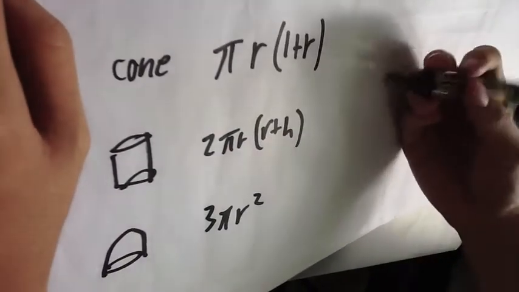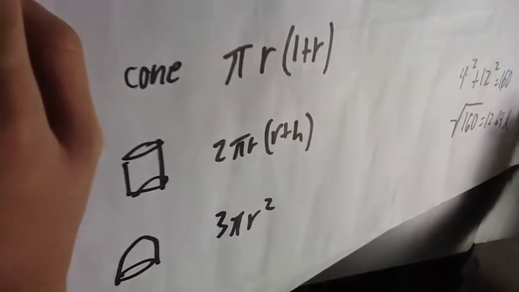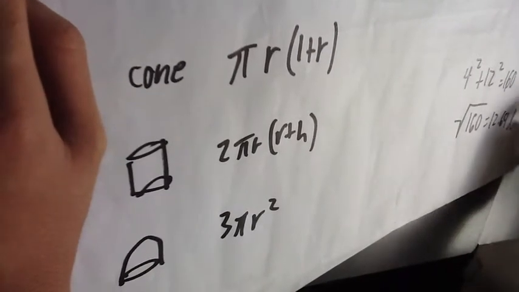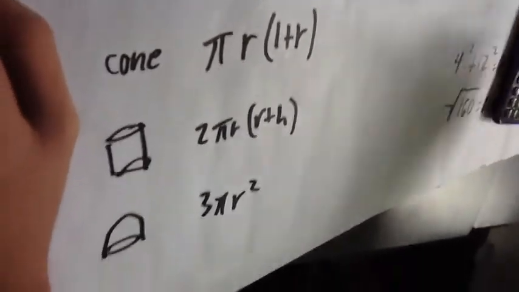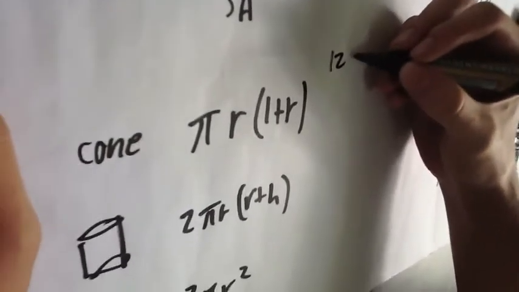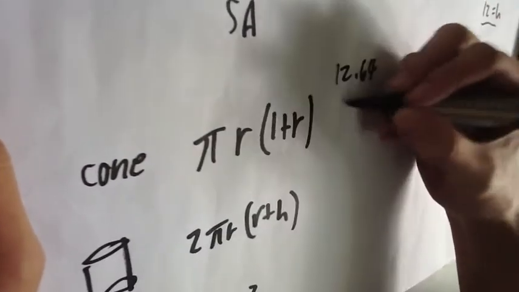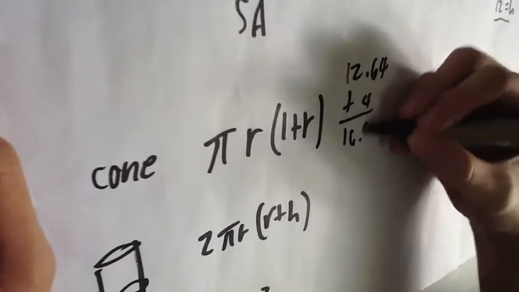So let's start with the cone. Slant height is 12.64. Let's add this with the radius, which is 4. So 12.64 plus 4 equals 16.64.